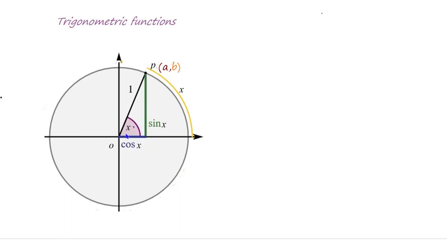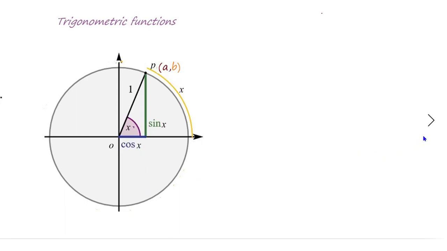Suppose the angle is 30 degree and the point will be somewhere here. And if you take minus 30 degree, the point will be somewhere here, because you have to rotate in a clockwise direction. Minus 30 degree means you have to rotate in clockwise direction. Here if it is x radian, and you want to find the point Q such that the angle is minus x, then you have to rotate in a clockwise direction, and you will get Q somewhere here.